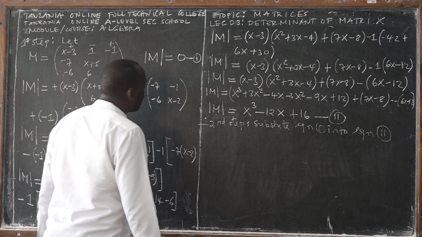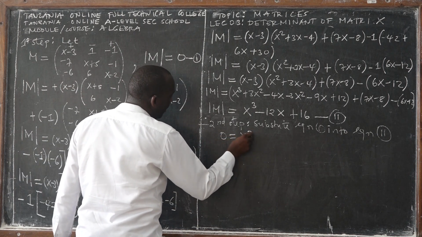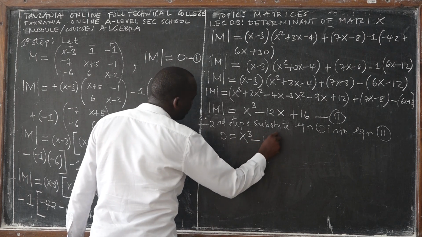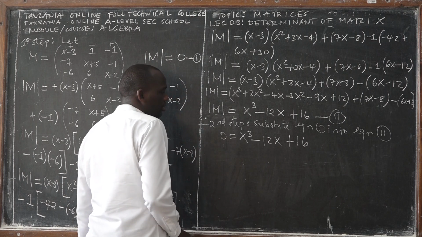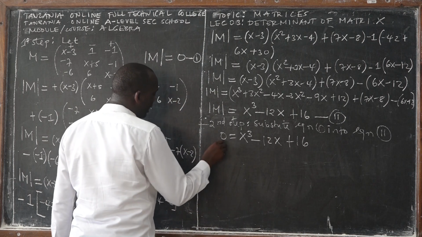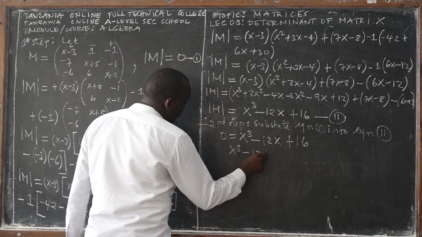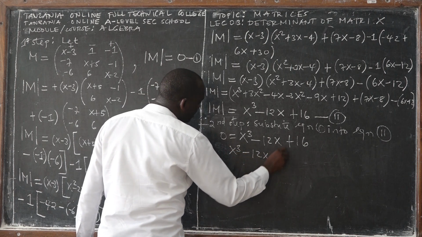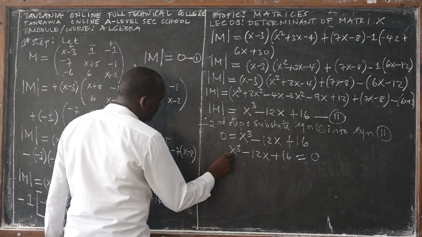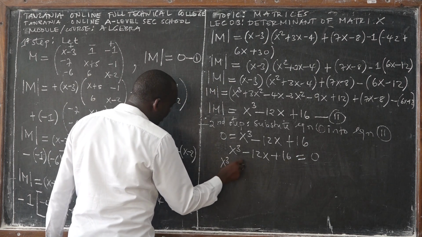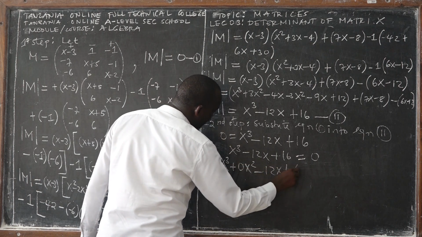The value of equation 1 is 0. So 0 is equal to x cubed minus 12x plus 16. Many students are interested to write this equation this way: x cubed minus 12x plus 16 is equal to 0. Or in other words, x cubed plus 0x squared minus 12x plus 16.